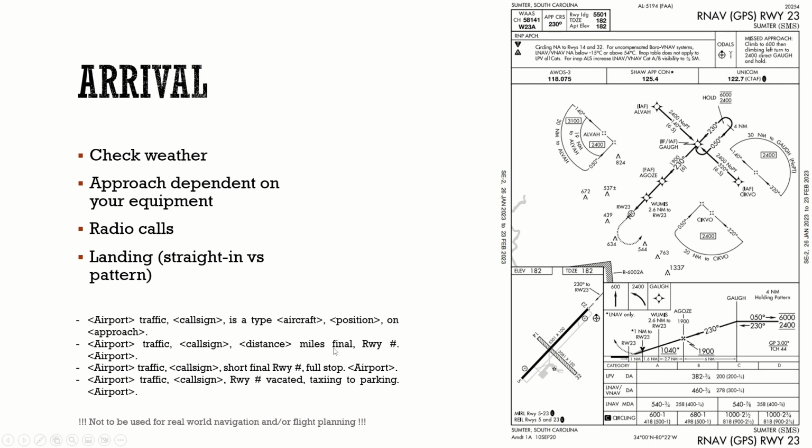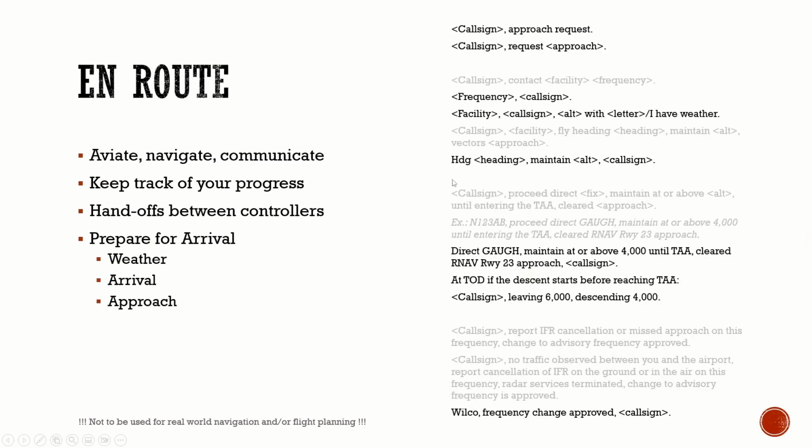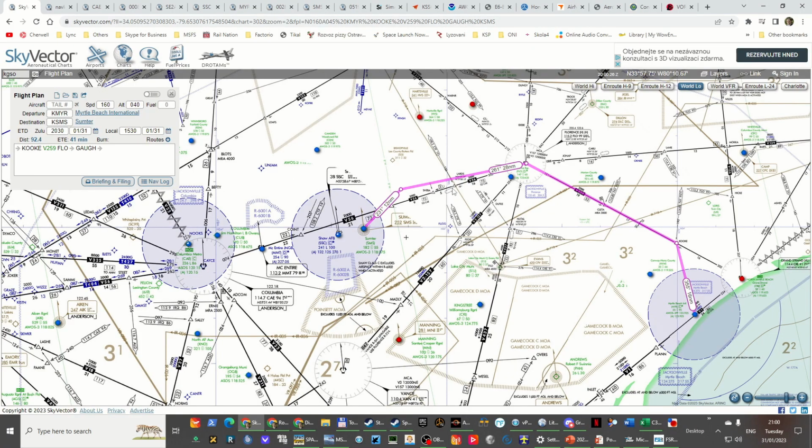Now I will go one page back, because now we explained what the TAAs are, and we can understand the terminology that the ATC might tell us. And I will also show the map first. Remember, the TAA was defined as 30 nautical miles from GOG, and this is GOG here.